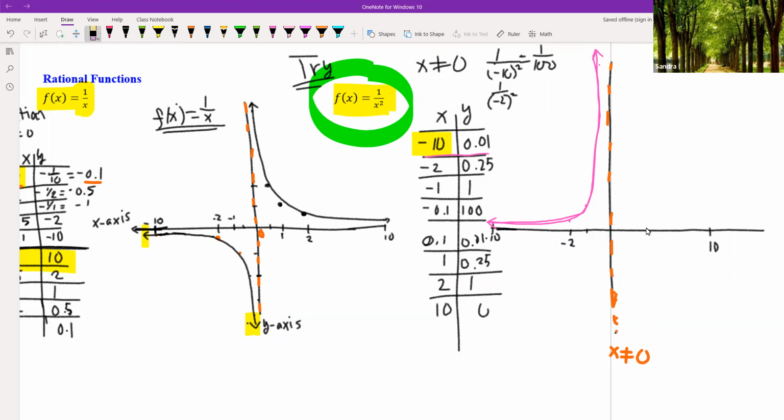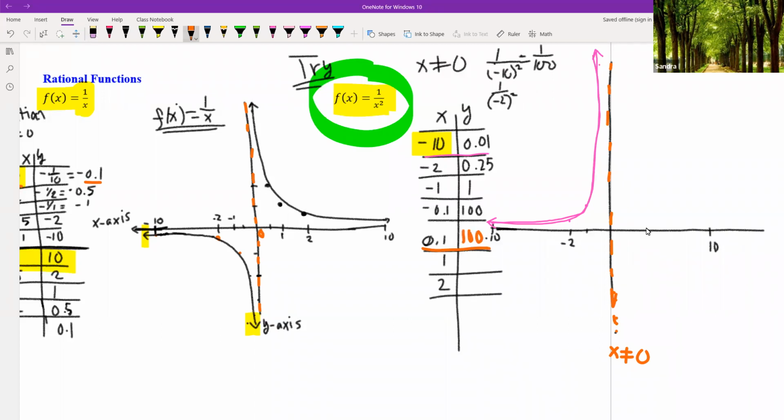Give me 1 minute. I copied the wrong digits because I did not plug it in. Let me go ahead and erase what I wrote down. Let me go back right here.